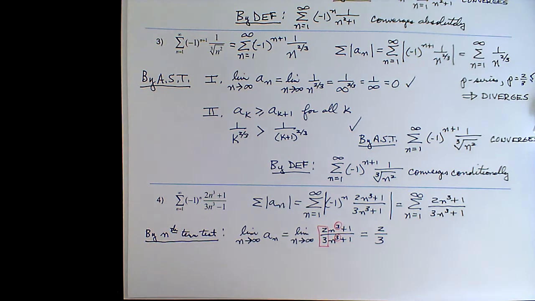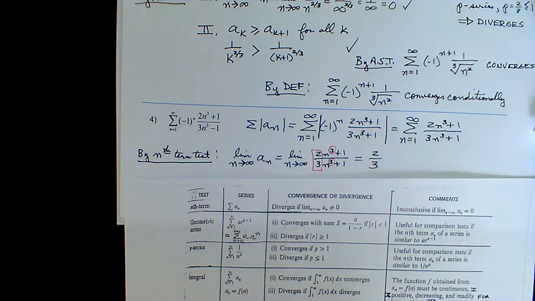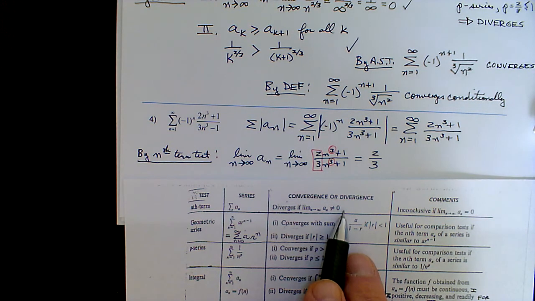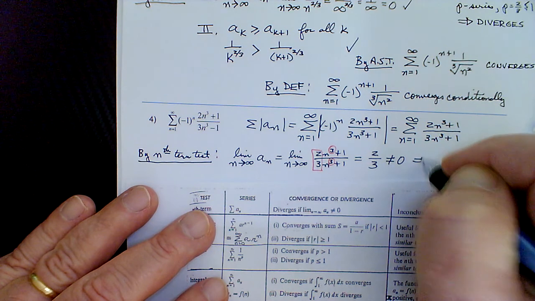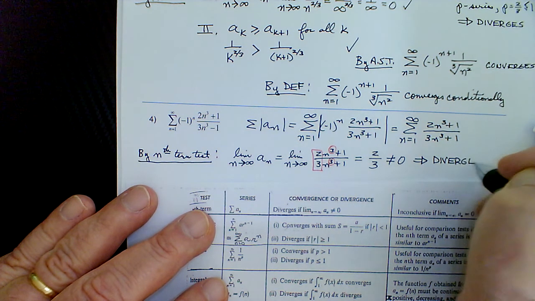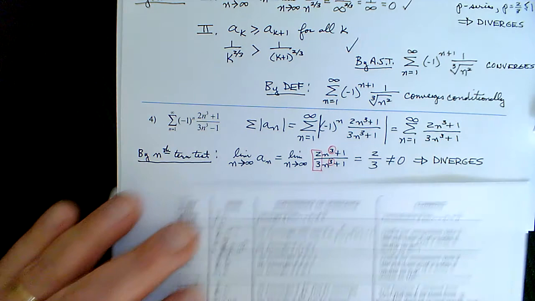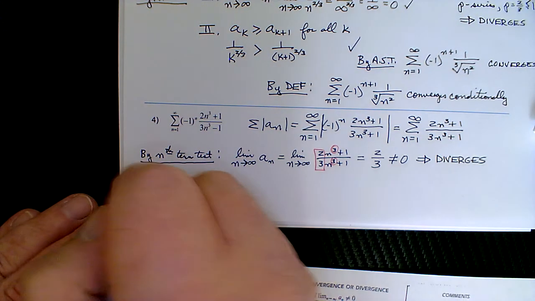Look at the nth term test. That was the first test we talked about. And it says if you take the limit and it's not 0, it's obviously not 0, so therefore it diverges. So then you might say, okay, it has a chance to converge by the alternating series test.